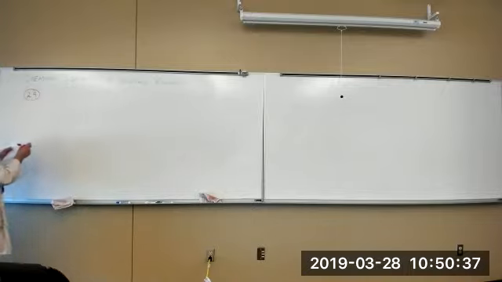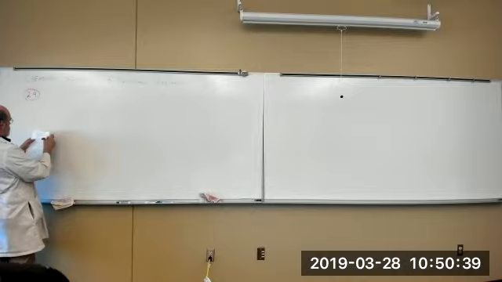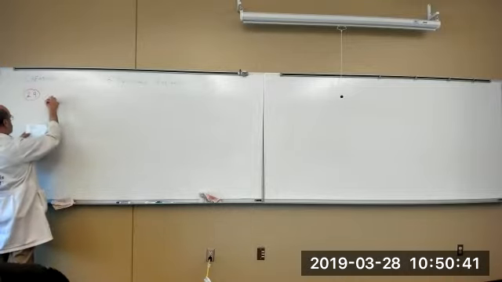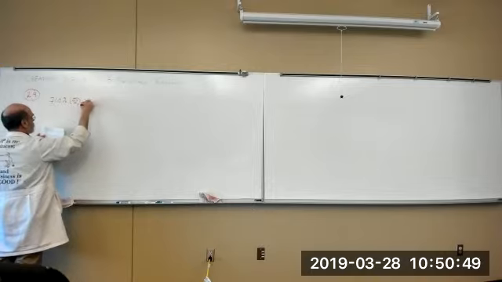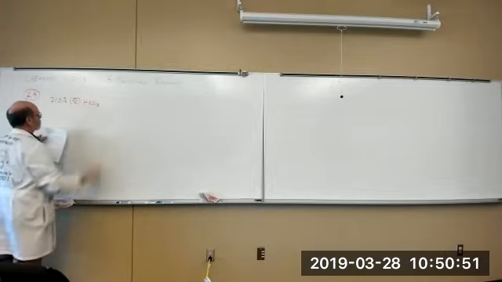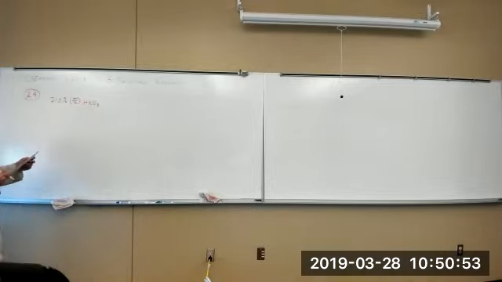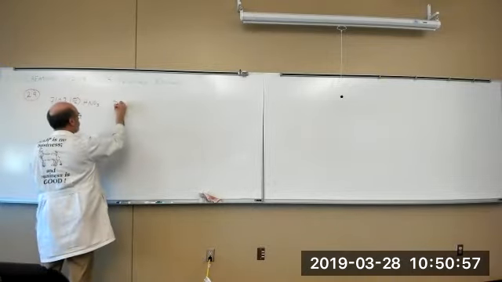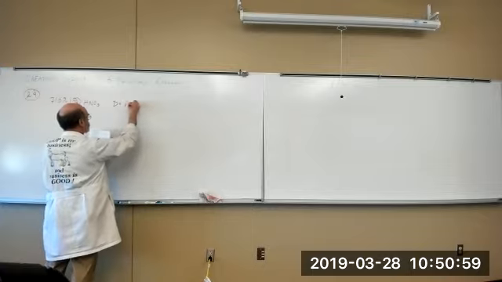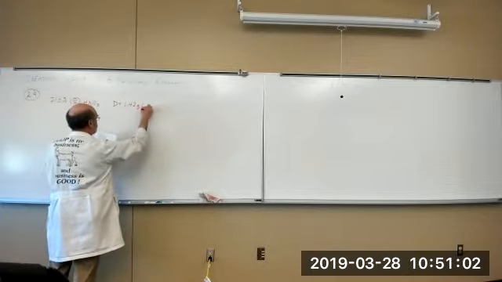So let's see, what are we given? We have 71.0% by mass nitric acid. That's what that means. This has a density of 1.42 grams per milliliter.